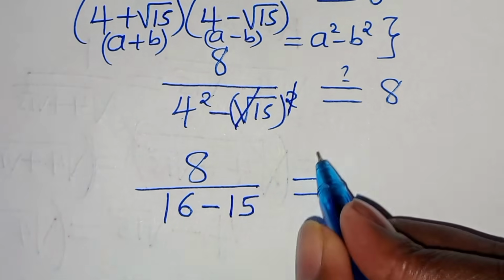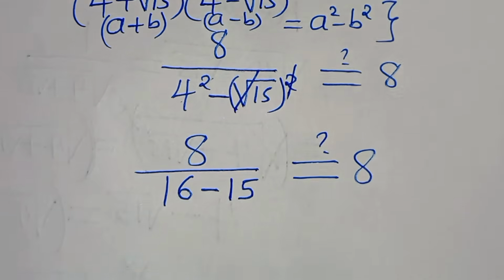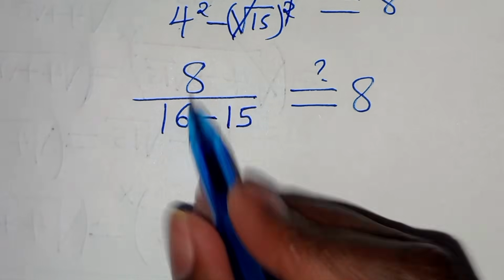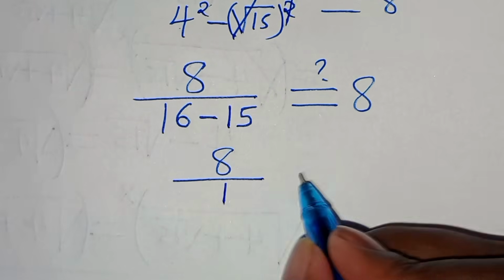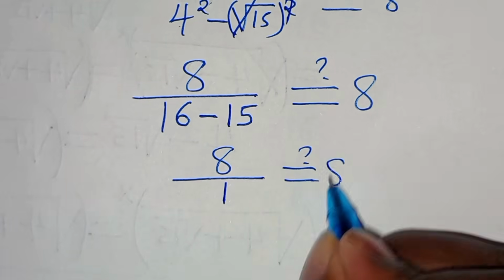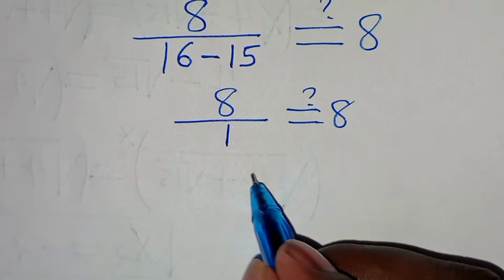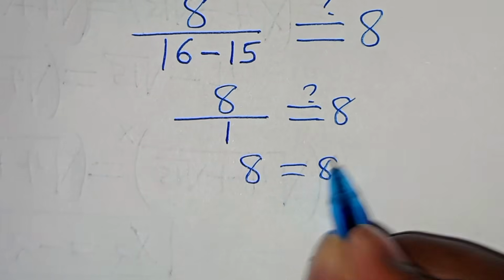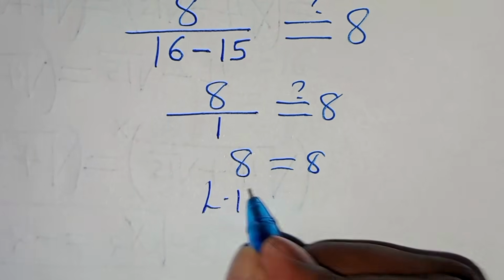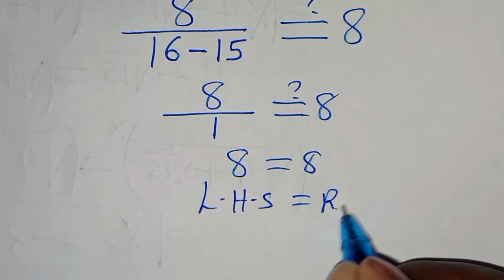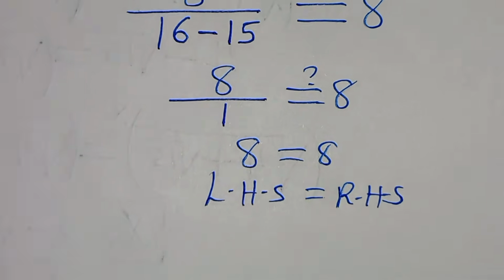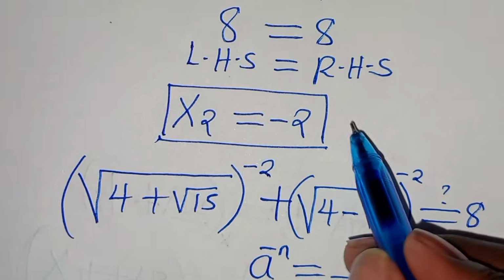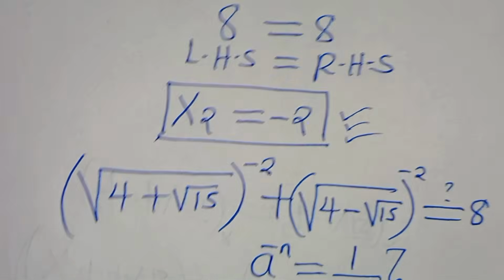So we have 8 divided by 16 minus 15, this is 1, and this should be equal to 8. So we have that 8 is equal to 8. This means that the left hand side is equal to the right hand side, and this proves that x2, which is minus 2, also satisfies the equation.